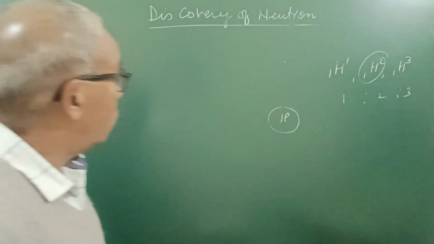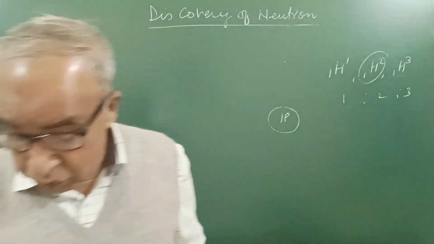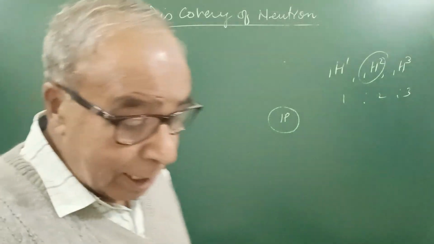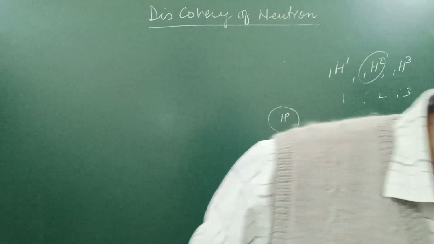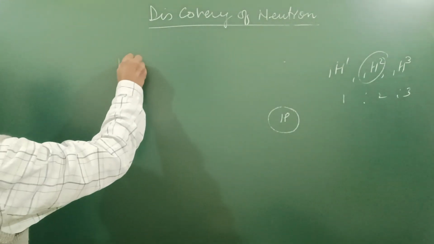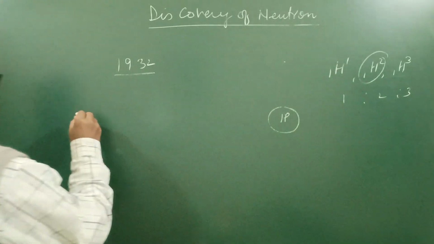But till then, this mystery remained. What extra mass is present inside the nucleus? So Chadwick discovered it in 1932, very late, in one experiment.